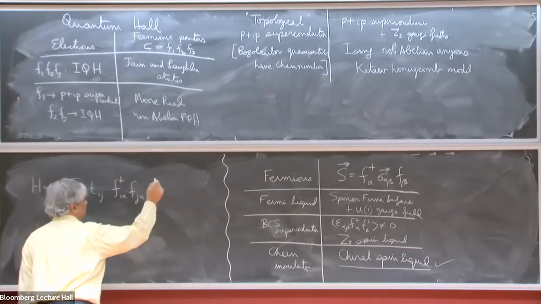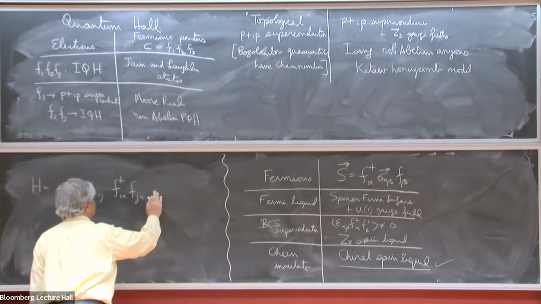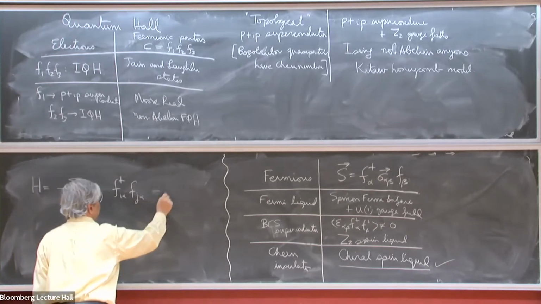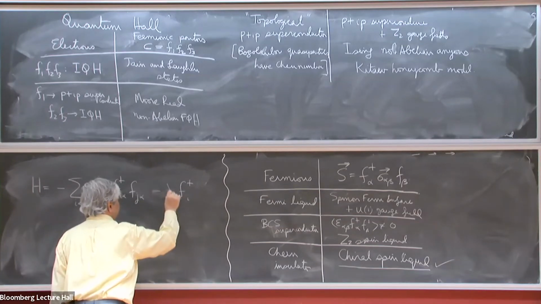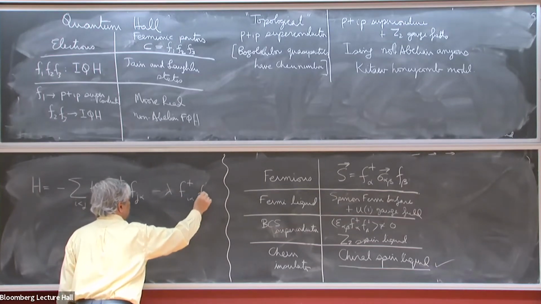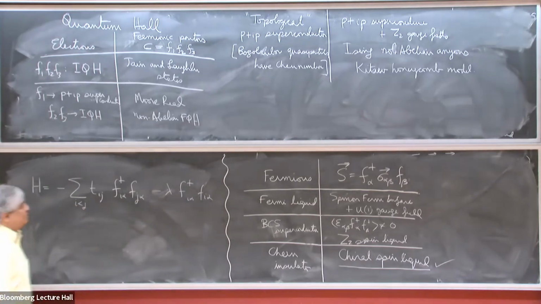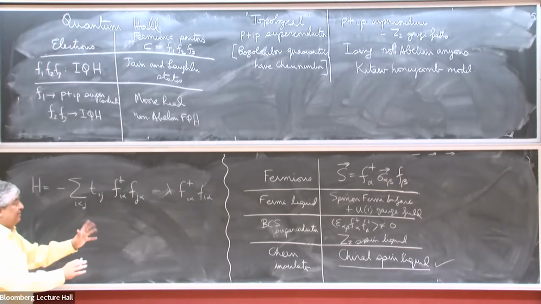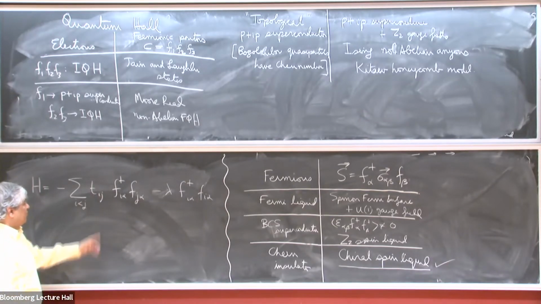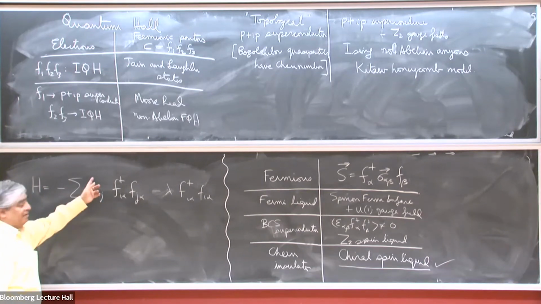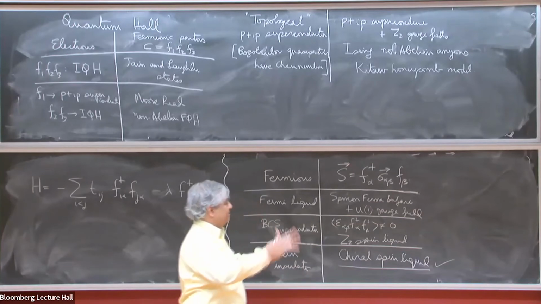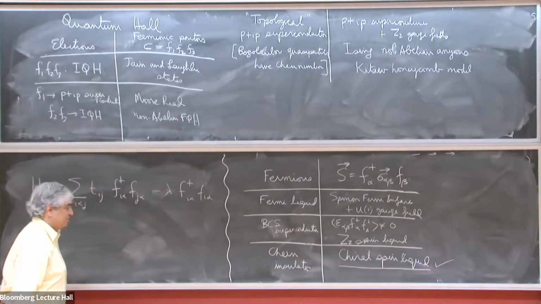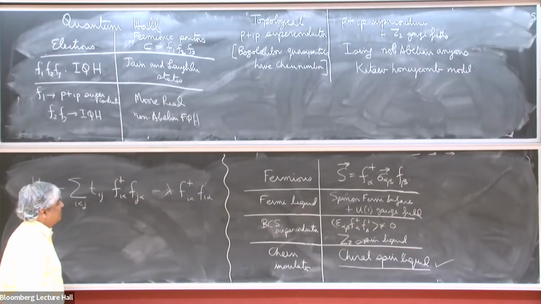Plus, well, minus some chemical potential terms, f† f, let me call it lambda. Okay, so they don't pair, they just have some complicated band structure, and this T_ij has to be determined from the saddle point value of some action that we at least wrote down for bosons, although I didn't do any calculations.